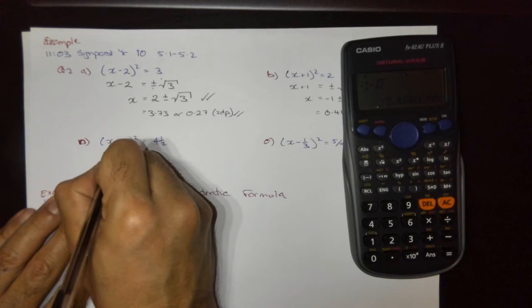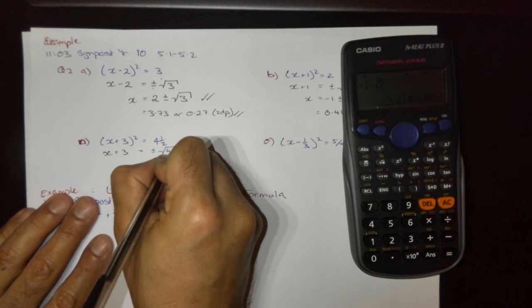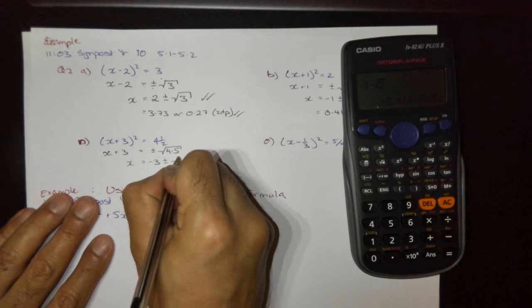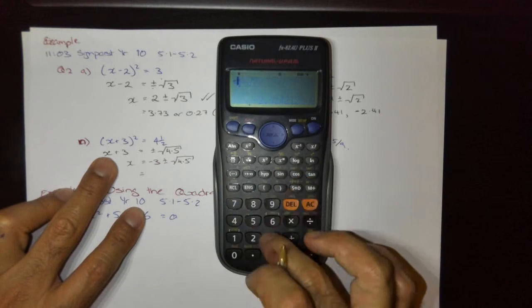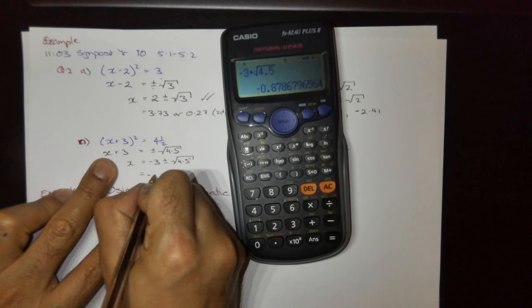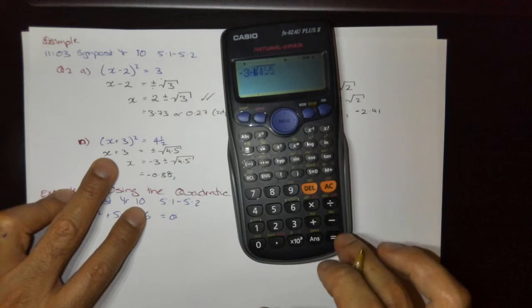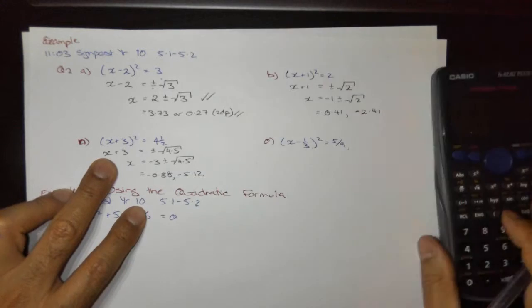Alright, first thing to do, plus or minus the square root of 4.5. Bring over the 3 by subtracting 3 from both sides. So minus 3 plus square root 4.5, 0.88, and subtracting it is minus 5.12.